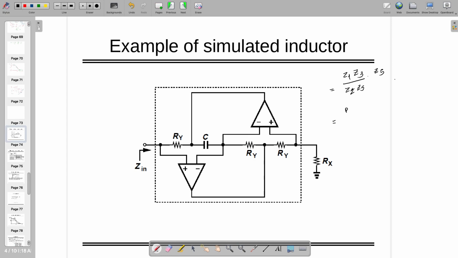So Z1 is Ry, Z3 is Ry, Z2 is 1 by Cs times Ry times Rx. So this will be Ry times Rx times C, right? So this way you can implement an inductor.